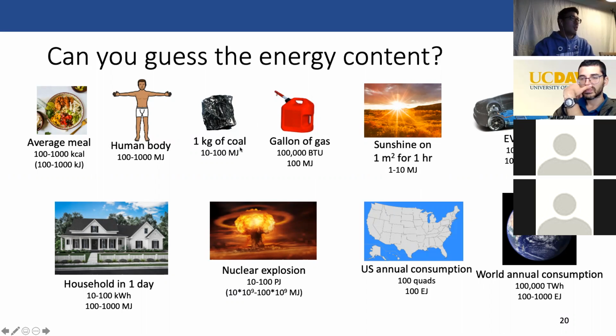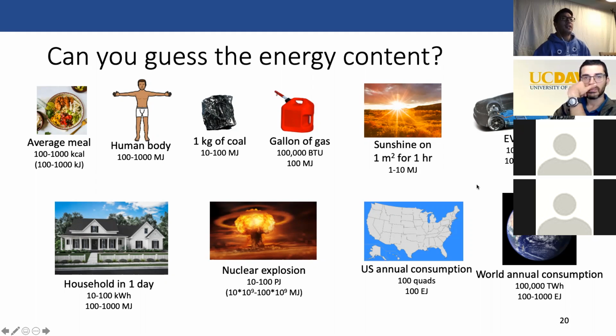And so coal and gasoline are 10 times higher, for a kilogram of coal or a gallon of gasoline, compared to 1 hour of collecting solar energy. So you need something like 10 hours of solar to collect the equivalent of 1 gallon of gasoline.